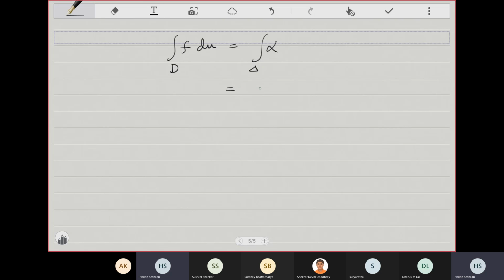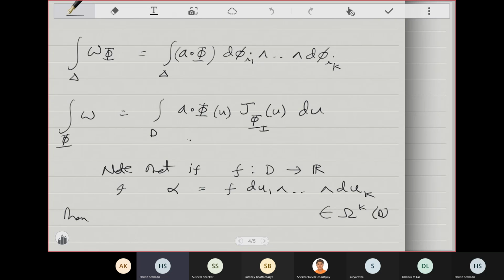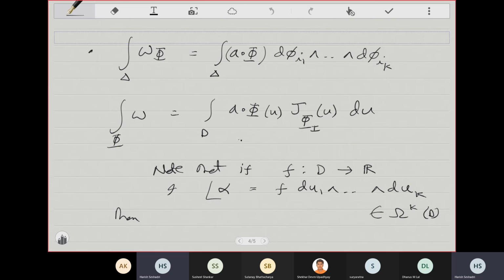This is by definition, alpha was already, where was it? Yeah, alpha was this. This is already in the standard form because this is in R^k and the indices are in strictly increasing order.